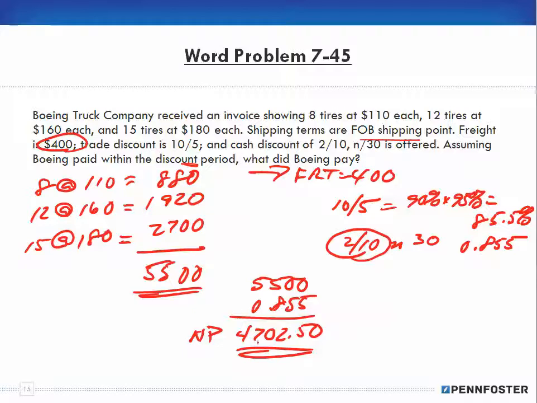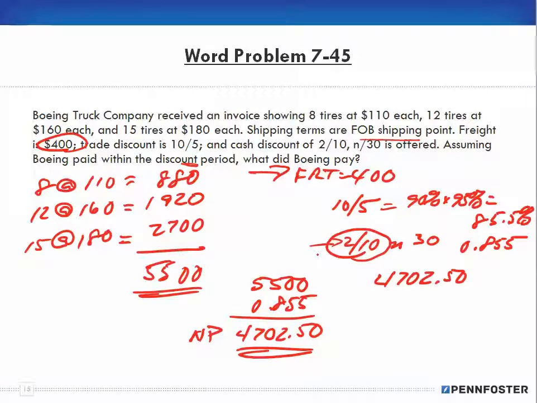And if I have a net price of $4,702.50, and I'm able to take a 2% discount for the terms, remember, I can't take the 2% on the freight. The freight will be added in as the very last thing. So I take the $4,702.50, and since I'm looking for the net price, I'm not concerned with the discount amount.